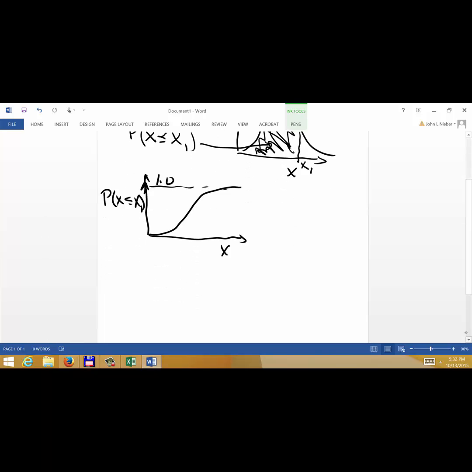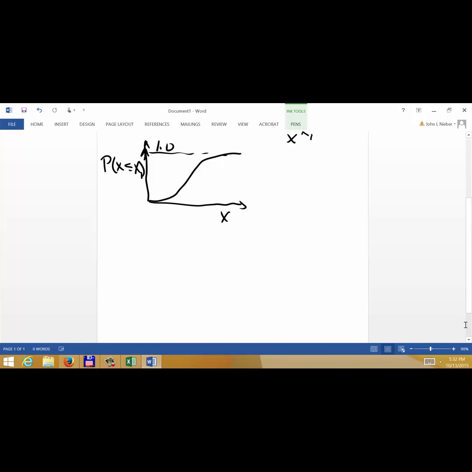and that is, we're going to use an empirical formula. It says that P of x less than or equal to x1 is going to be given by the formula R1 divided by m plus 1. Here R1 is the rank that a particular value has in a sorting of the data.